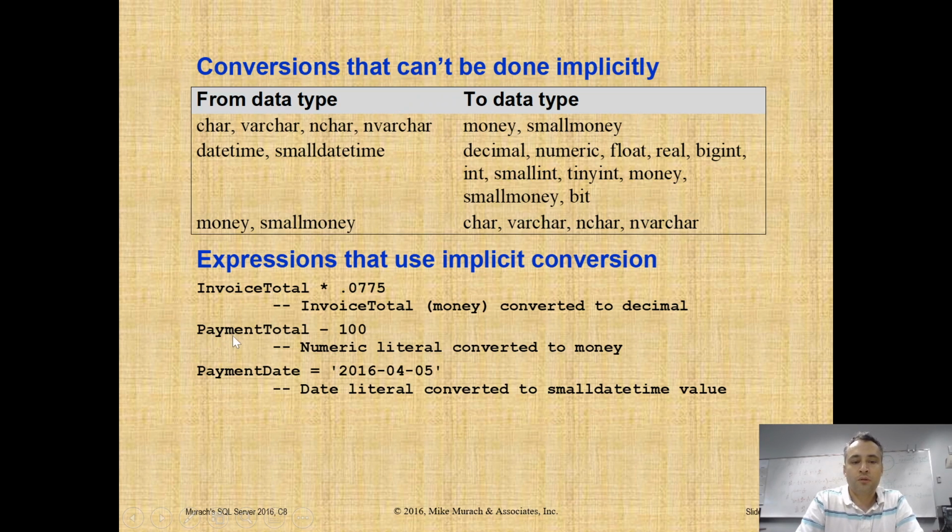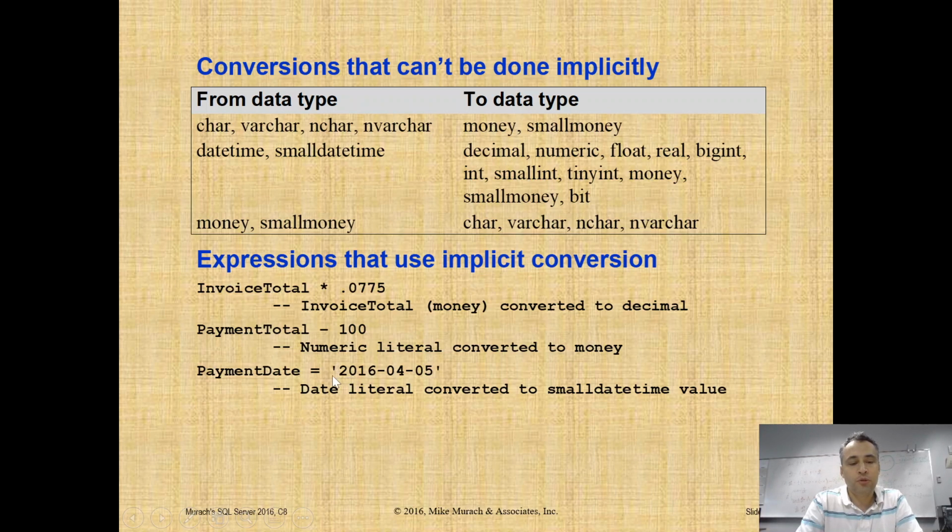All right, so for example, if you multiply invoice total by a constant for whatever reason, the invoice total was type money, but the result will be implicitly converted to decimal, and then the result will be in decimal. Very similar in the other examples.